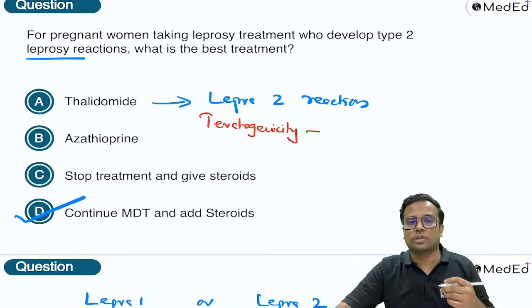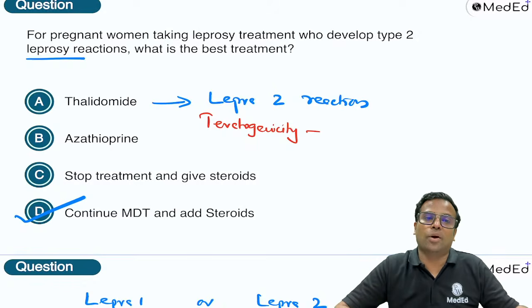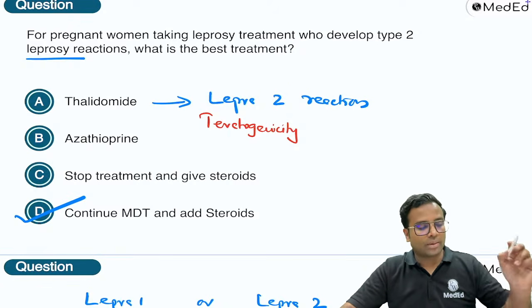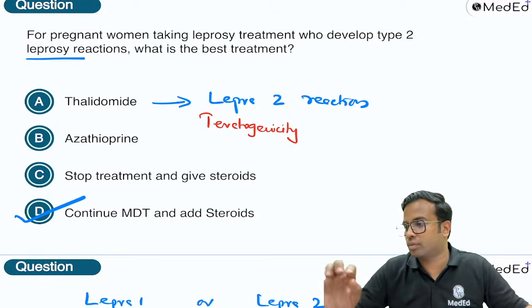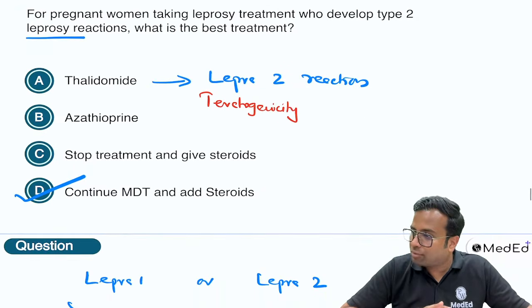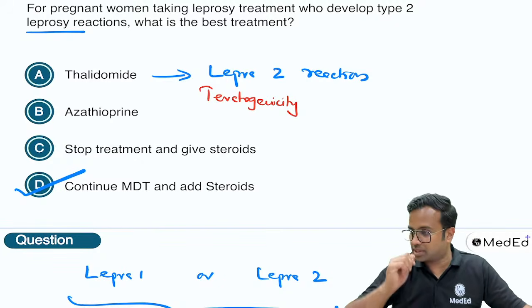So because of the problem of teratogenicity, we never use thalidomide in a pregnant female, right? So that is why our treatment here would be with steroids. Yes, type 1 is type 4 hypersensitivity and type 2 lepra reaction is type 3 hypersensitivity.